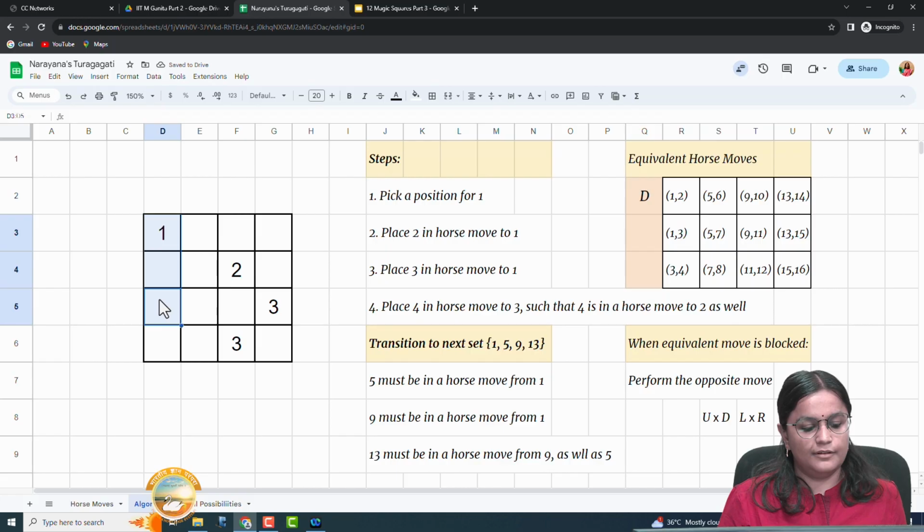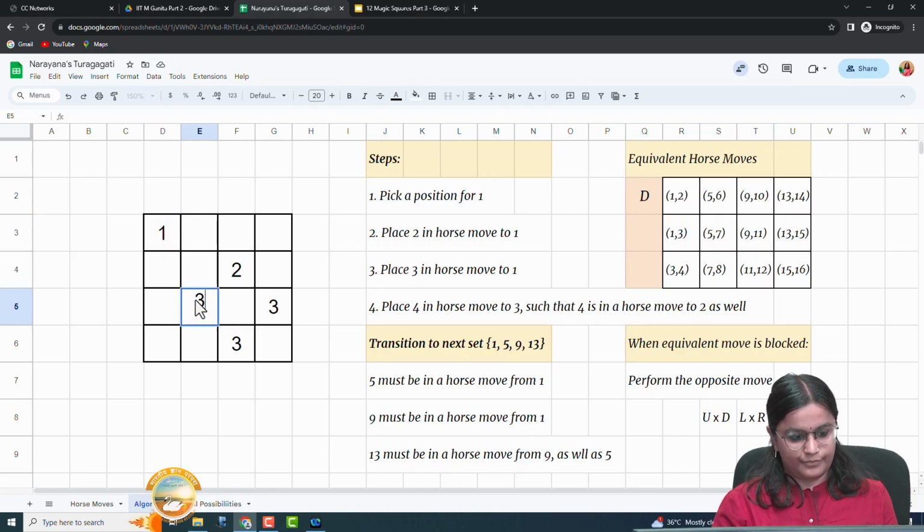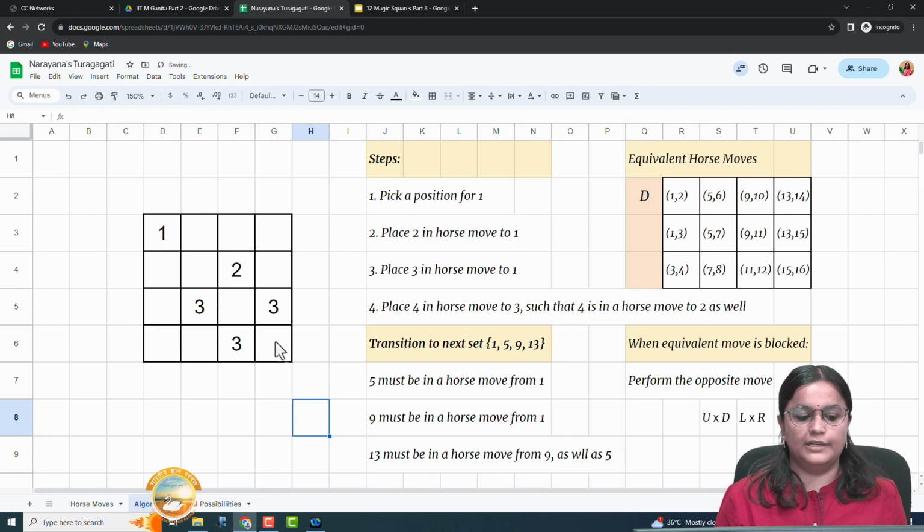Similarly, if we go towards our right, this is one more possibility. So these are 3 possible places in which we can place the number 3 to construct our square. Now, in order to work forward, we will pick one of these positions and move forward from there.